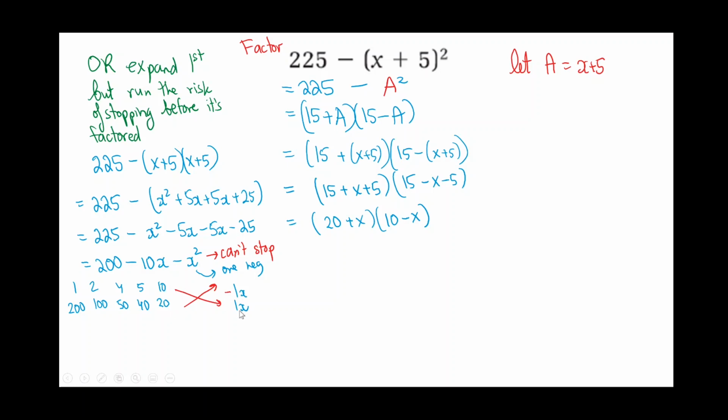If we add 10x with negative 20x, we do get this middle term. And so these are the factors, just like we had before. Keep in mind, this method has another advantage: as you'll see in our second example, expanding would not help us in that scenario, so you kind of have to know how to do this.